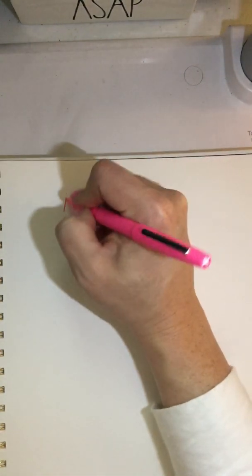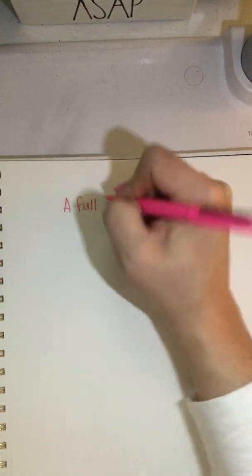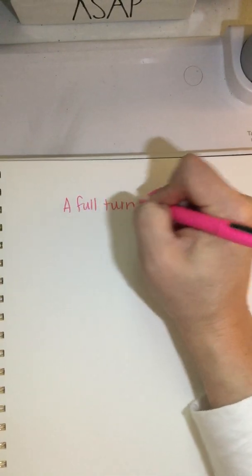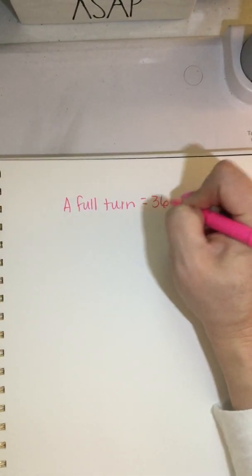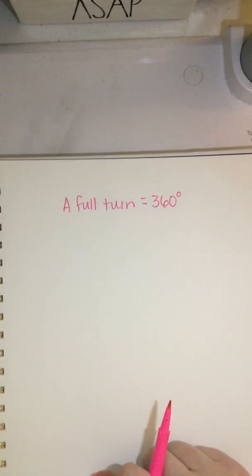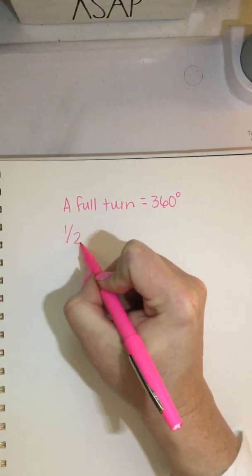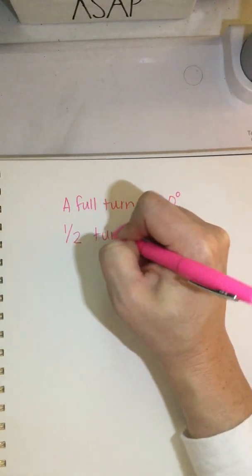Okay, how many degrees did you just turn? Yes, a full turn of our bodies equals 360 degrees. Okay, all right, face the door again. This time, I want you to make a half turn.